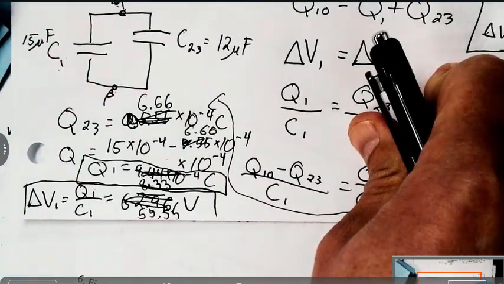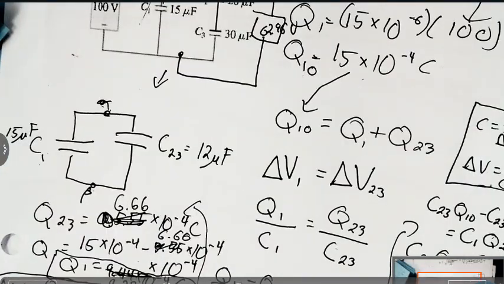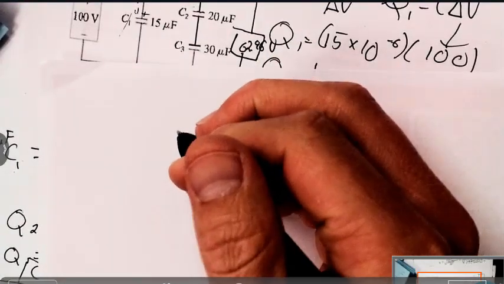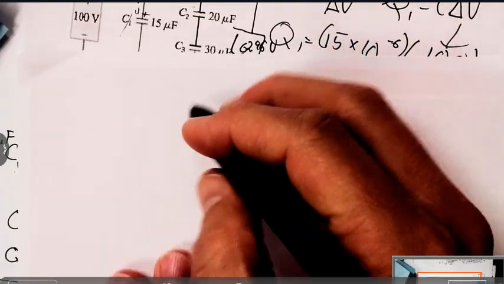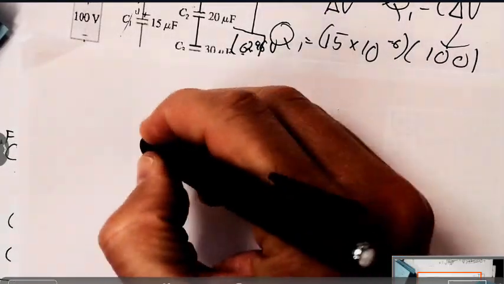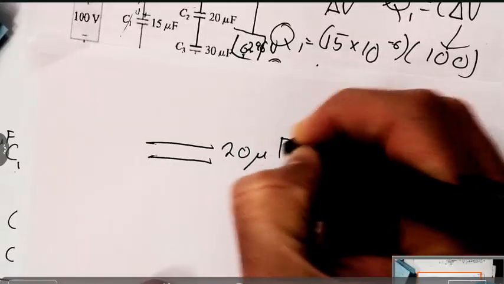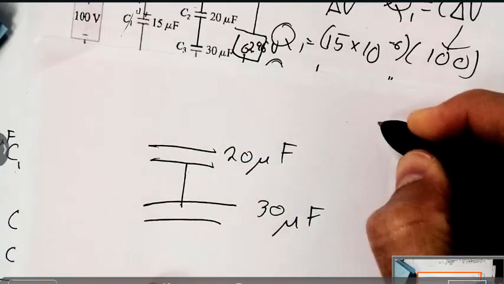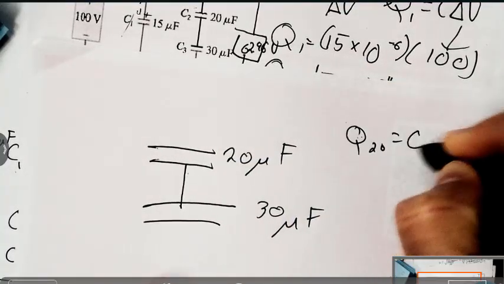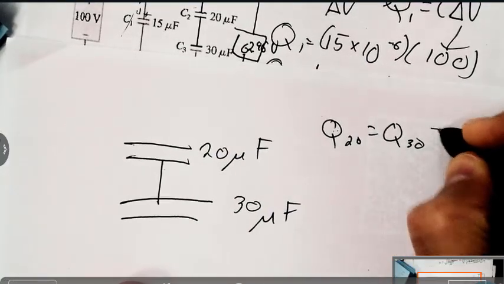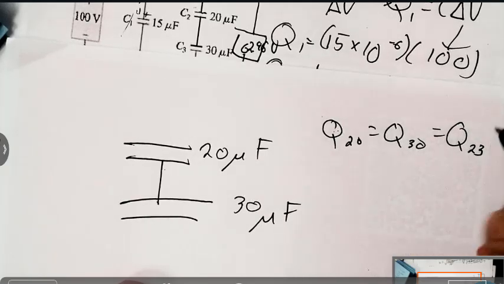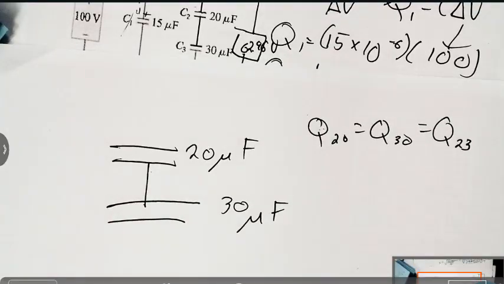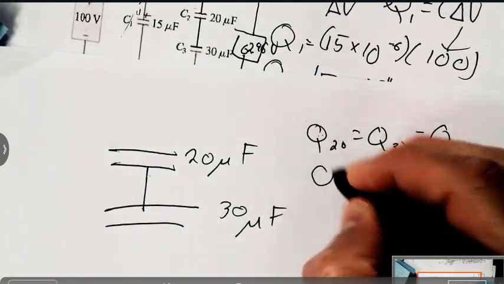Whew. Now I can work on the second side with a piece of paper that I brought and promptly lost. Okay, so now I can work on this side. So essentially, I have here two capacitors, a 20 microfarad and a 30 microfarad. And I know the charge in each of them, so the charge in 20 is equal to the charge in 30, and it's also equal to the charge of the equivalent capacitance, the 2,3, because these are in series. And so I know Q23, I already solved for it previously.